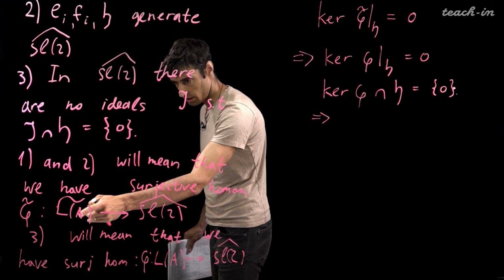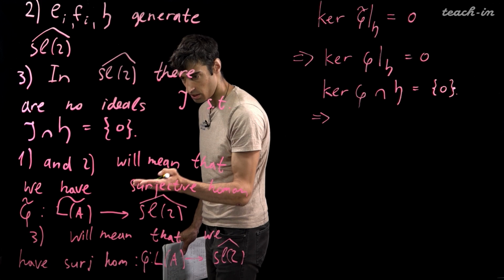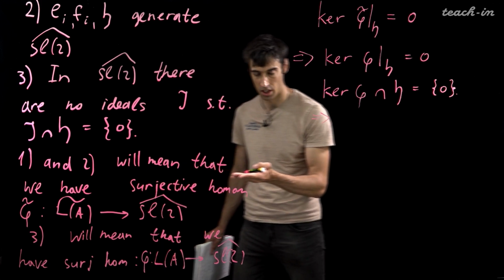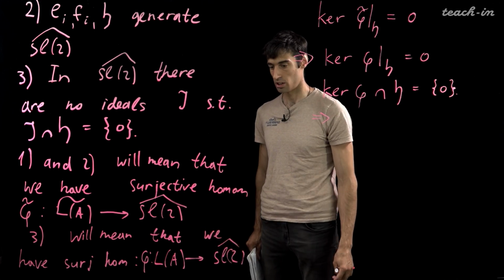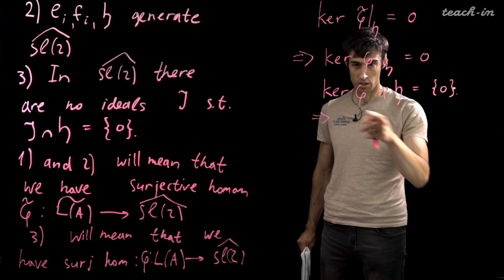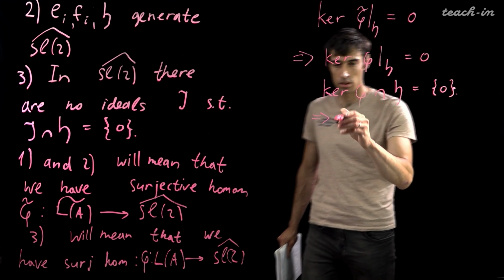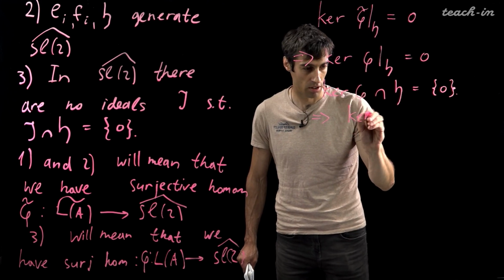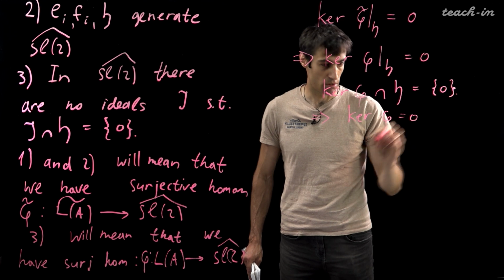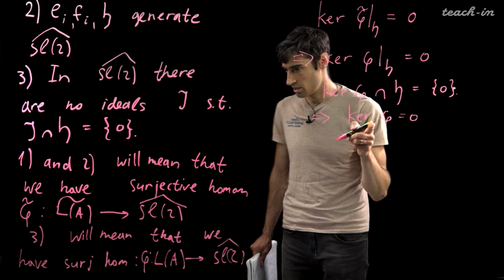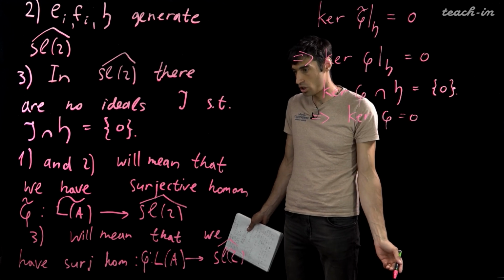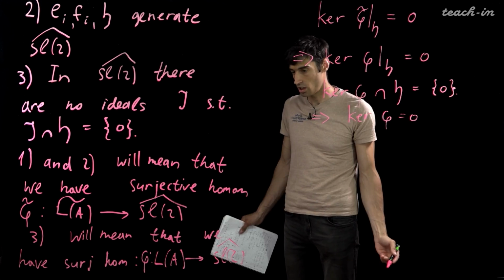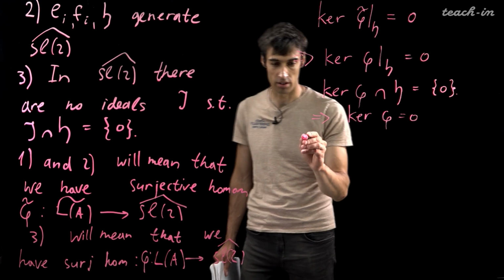We quotient L tilde of A by the maximal ideal which intersects trivially with H. So therefore, there are no non-zero ideals in L of A which intersect trivially with H. So from this, we can deduce that the kernel of phi is actually 0. But this means that phi is injective, not only surjective, but injective, and it is an isomorphism.